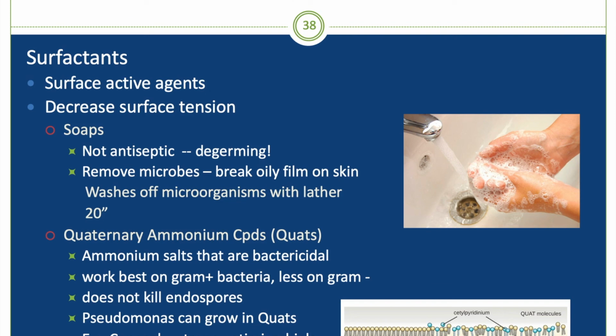There are some active agents in them, but mainly when the surface tension is reduced, it's very easy to wash most of these microorganisms off.